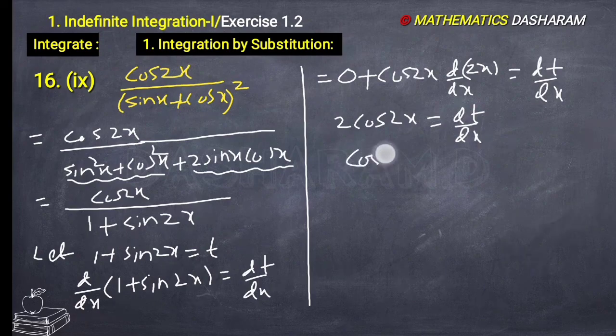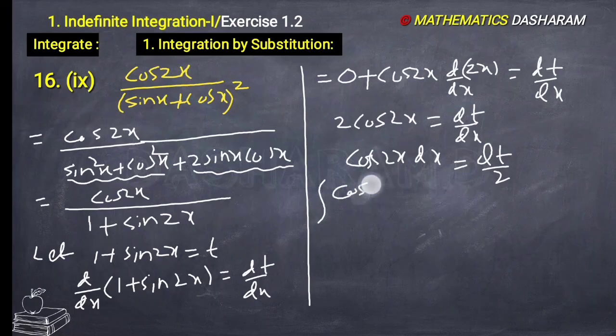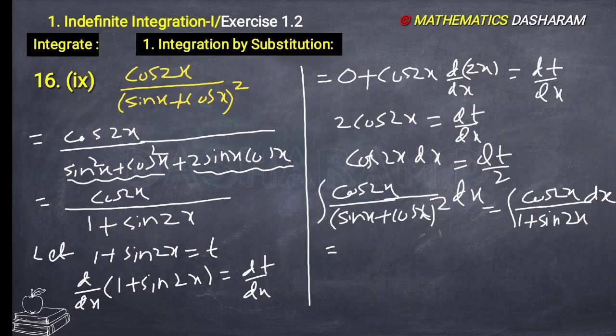So cos 2x dx equals dt by 2. Because here 2 is multiplying, so when you transpose it to the RHS, it will go to the denominator place. So now the integration of cos 2x divided by, now substitute the values in this. So integration of 1 by 1 plus sin 2x, so 1 by t, cos 2x dx equals dt by 2.